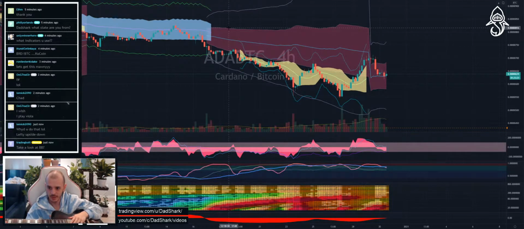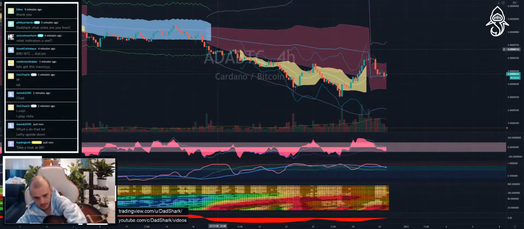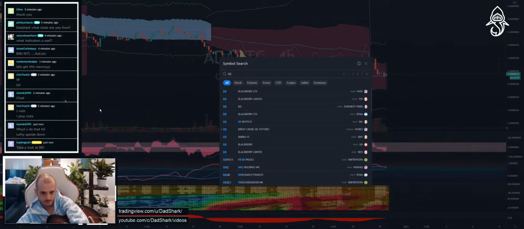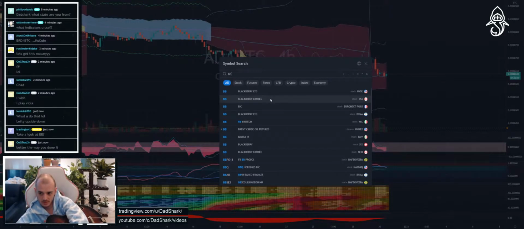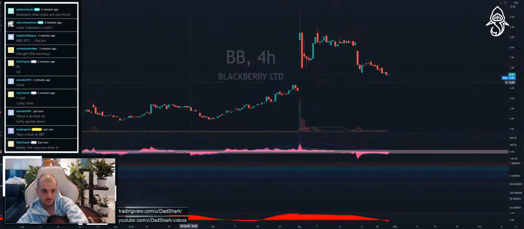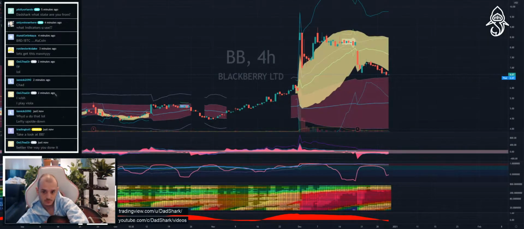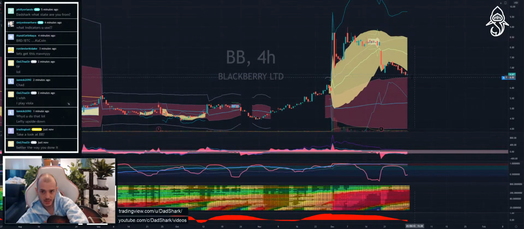Take a look at Bollinger Bands. Unless you mean the ticker. Blackberry. Better the way you done it. Yeah. I'd say so. Oh shit, you should buy this right now. Not kidding. That is a great thing right there. Yeah, so this little range here, this 2% range, you want to buy that.